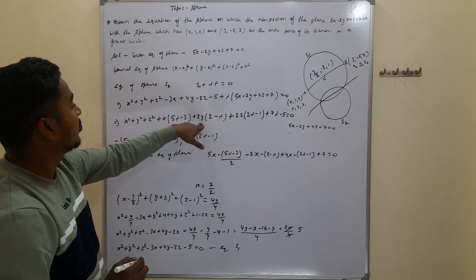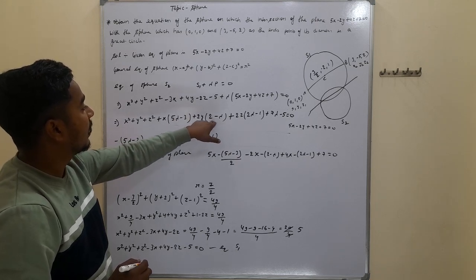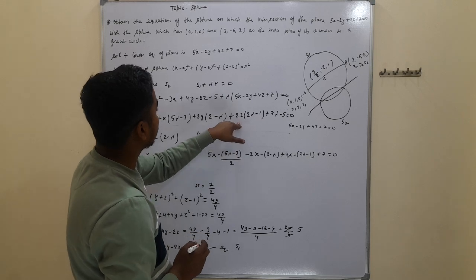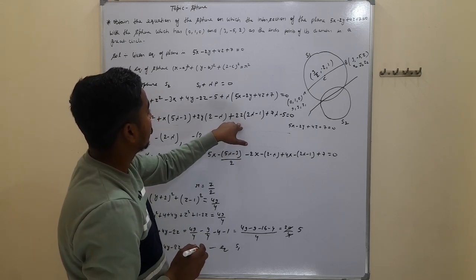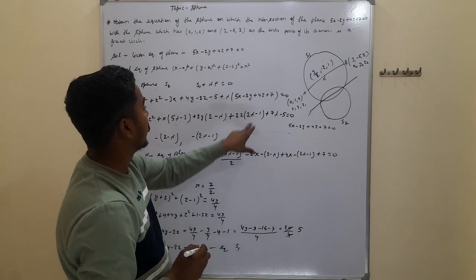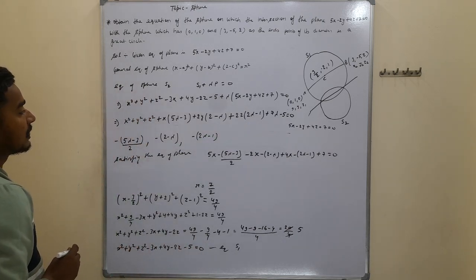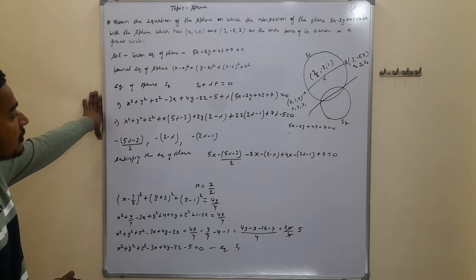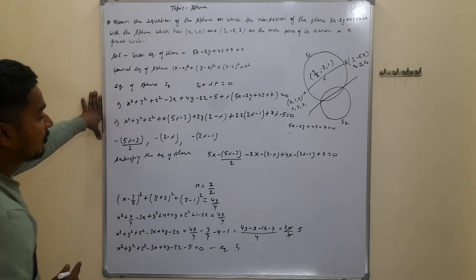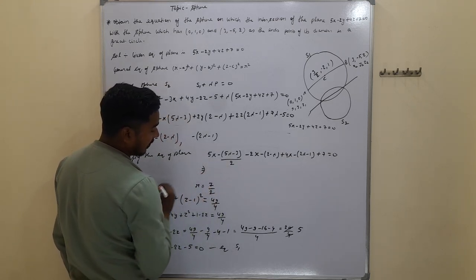This gives 2 minus lambda, and here 2z is taken common. We get 2 lambda minus 1. So we have to write the center here, 2ux, 2vy, 2wz, and we have to solve here. We get the value of lambda.